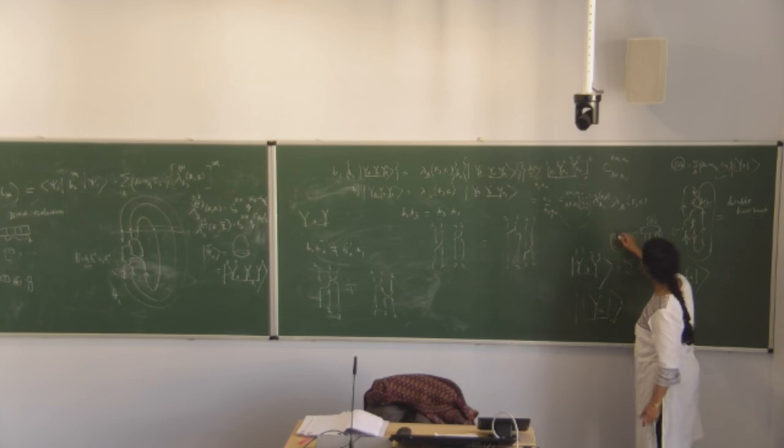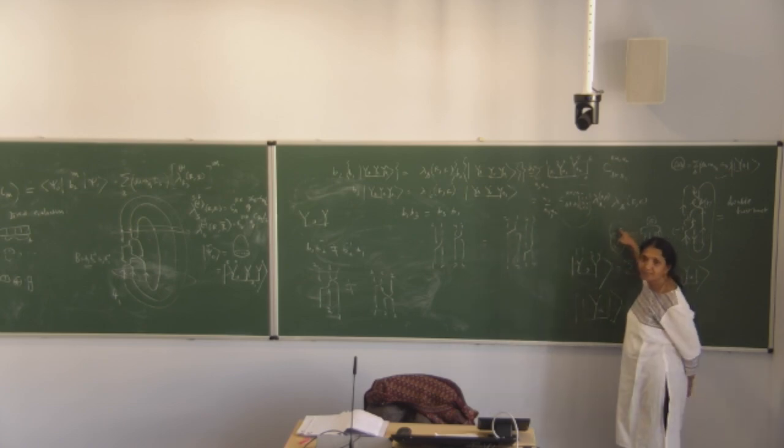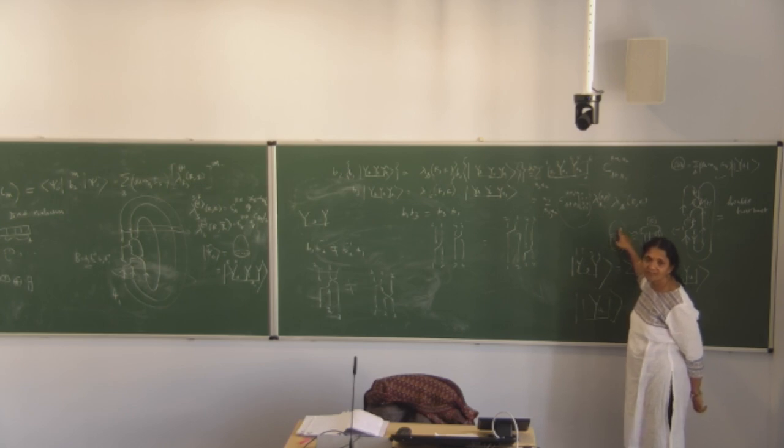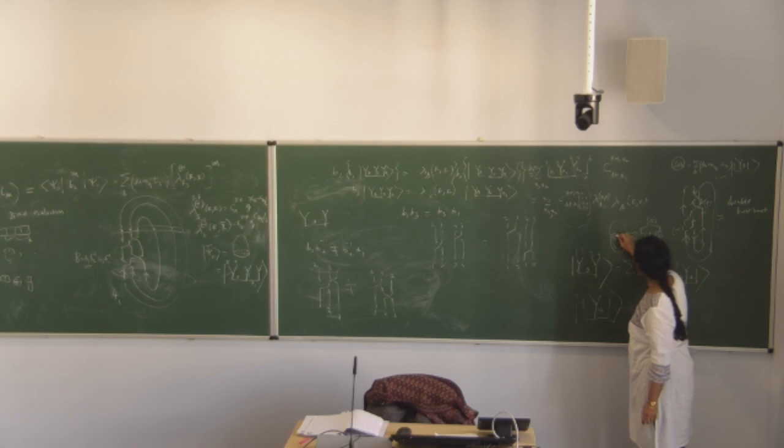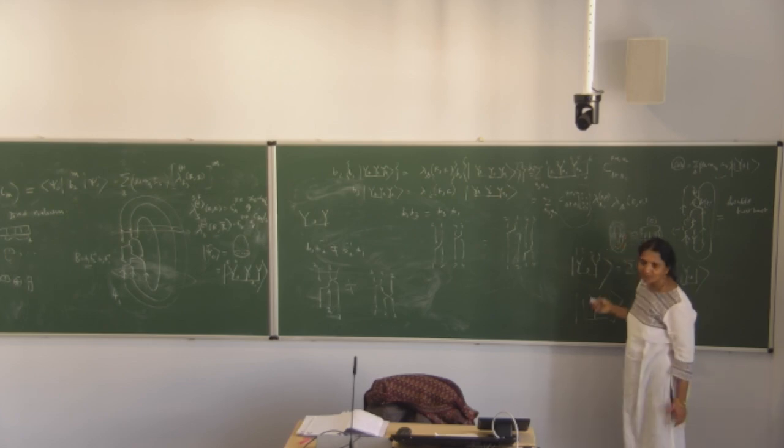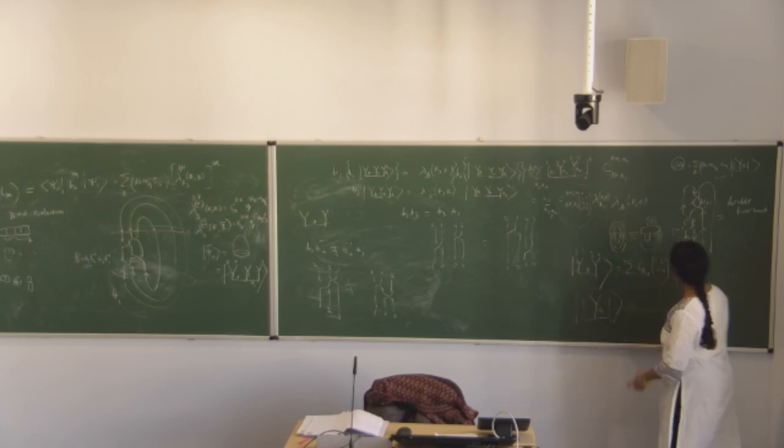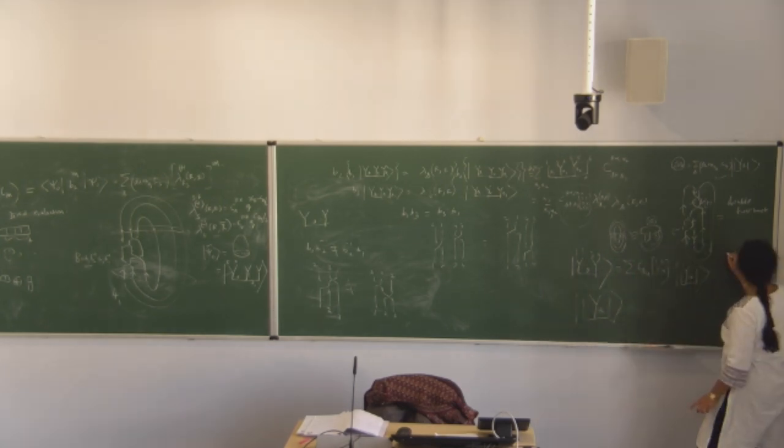Another way of doing this is to glue it with itself. And what should you get? Again unknot squared. Because if you do this, you will get unknot squared again. So using that also you can write the state for this.